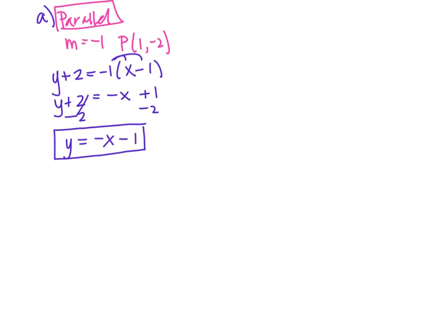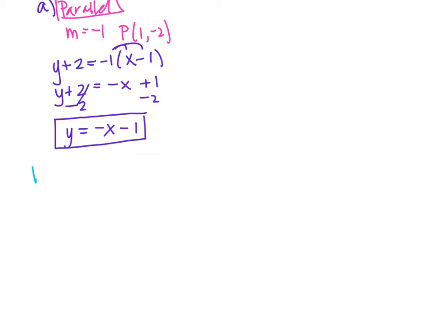Now we're going to write an equation perpendicular. So for our perpendicular one, we're going to use the same point, 1, negative 2, but now we need a perpendicular slope. So the original slope was negative 1. If the slope is negative 1, think of it as negative 1 over 1. The perpendicular slope, you're going to flip that and change the sign, so you're going to end up with a positive 1 slope.